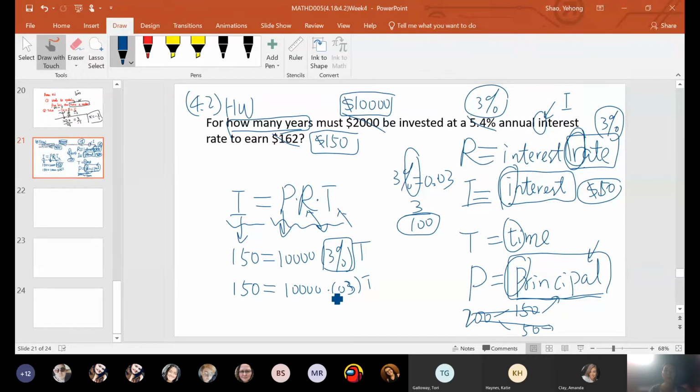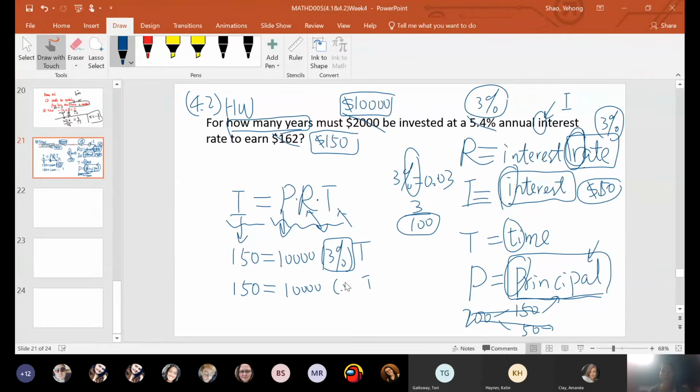We already learned how to multiply fractions, so maybe I can try that too. I'll show you both. If you do fractions, 3 out of 100, 100 goes into 10,000 how many times? You cross out 2 zeros here and 2 zeros here, so it's 100 times, and then 3 times 100. So it's not too bad to convert it to a fraction. But most of us are familiar with decimals, so you can use the decimal to do it.